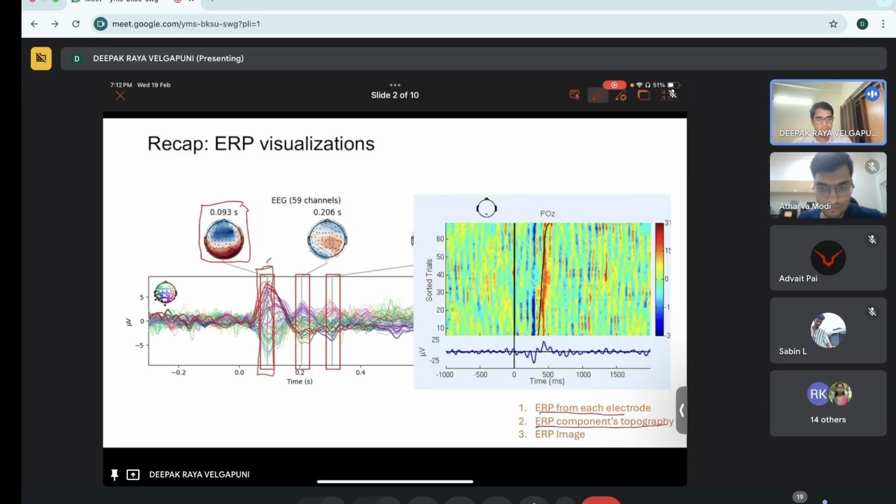On the y-axis is each trial, and you get one time course for each trial from an electrode. This electrode we are using is POZ, as you see here, and you plot across all trials. So each row on this image corresponds to one trial, and there is some kind of sorting happening. We sort according to some events in the task or reaction times of the subject.